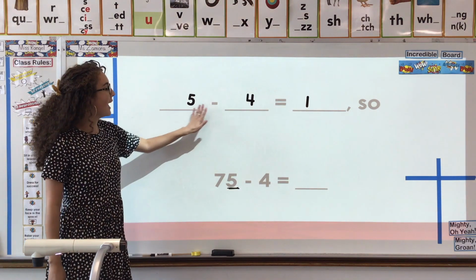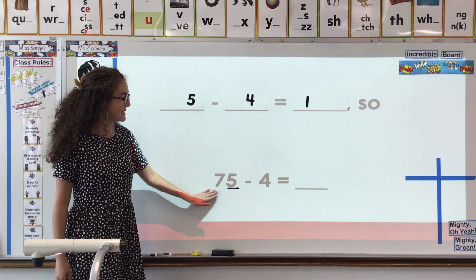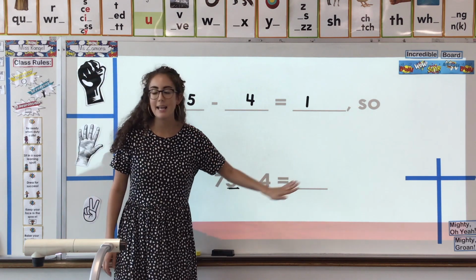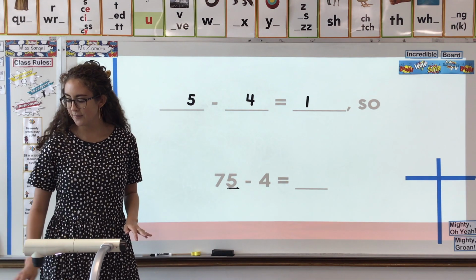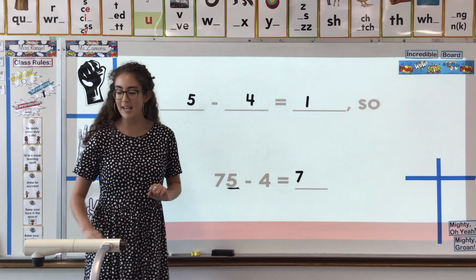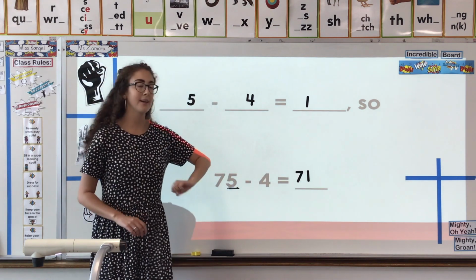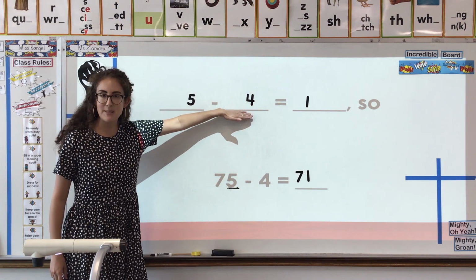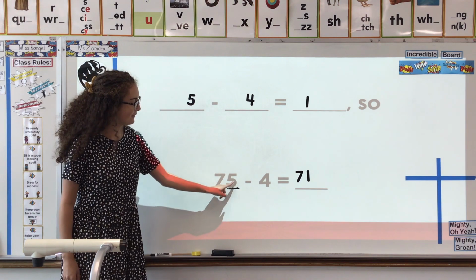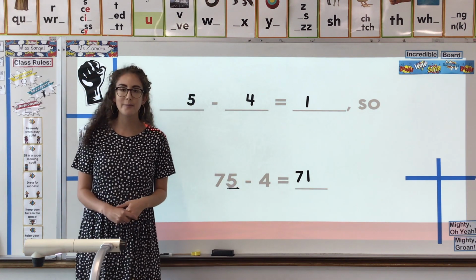Therefore, 5 minus 4 equals 1. So 75 minus 4 equals, the 10 is going to stay the same. And then we have our 1 that we figured out from our simpler equation. So 75 minus 4 equals 71.